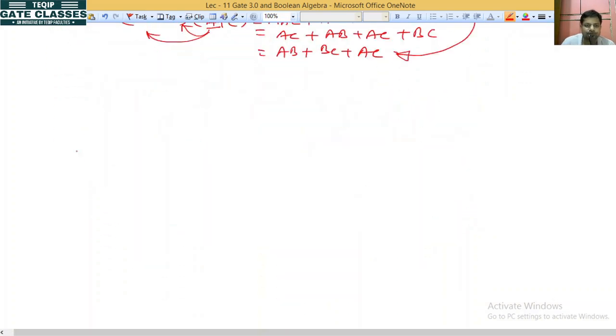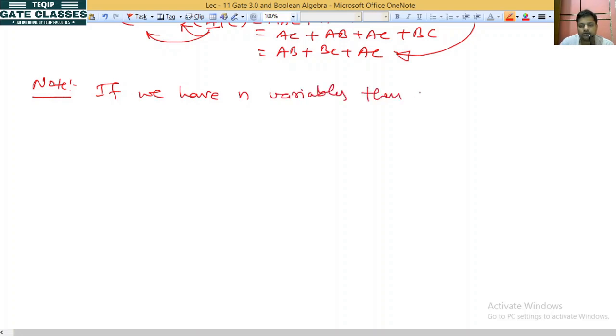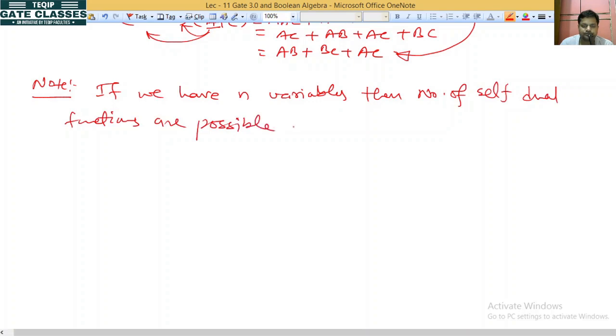Self dual function. One important point is there. If we have n input variables, then the number of self dual functions possible is equal to 2 to the power 2 to the power n minus 1.